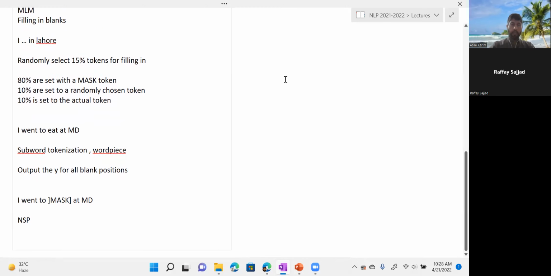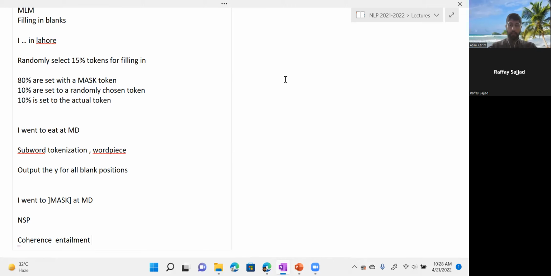Let's say if you want to determine coherence, for example. So if two sentences are together in a given passage, of course, that means that that passage is coherent. But if they are taken from different positions of a passage, then it means that those two sentences do not represent coherent language. So coherence, of course, entailment is another application.